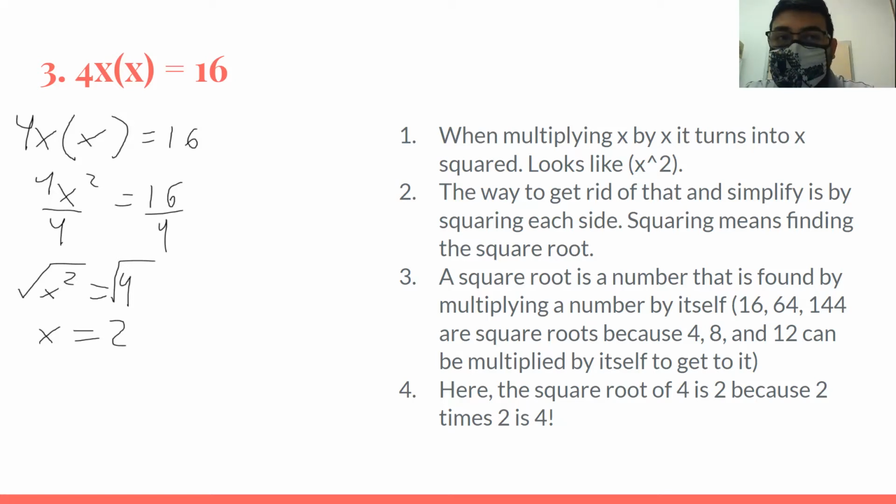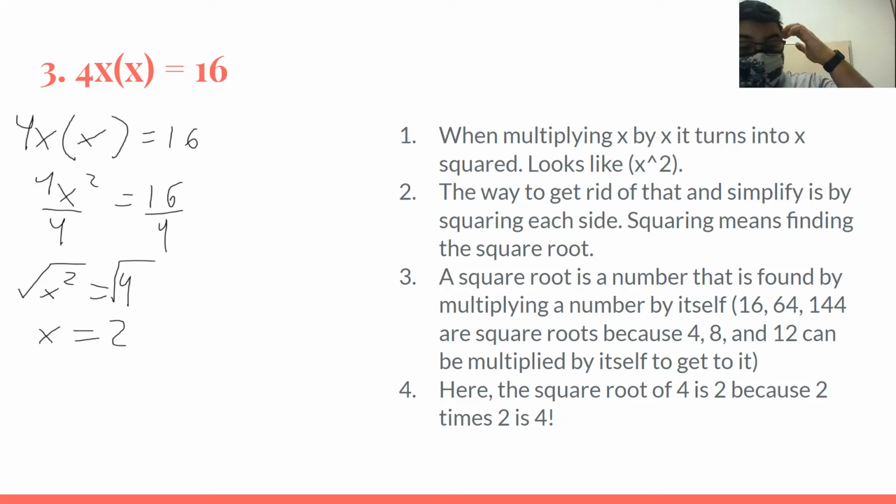So 9 times 9 is 81. 9 squared is just 9 times 9. Anytime you see a square, that's how many times it's multiplying against itself. So x squared is just x times x. If it's x cubed, so x to the third, it's just x times x times x.